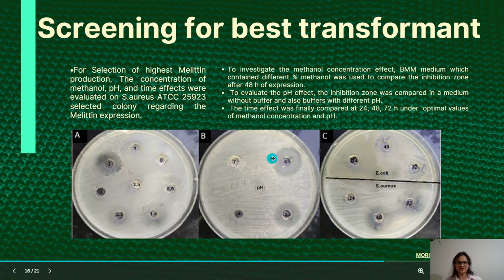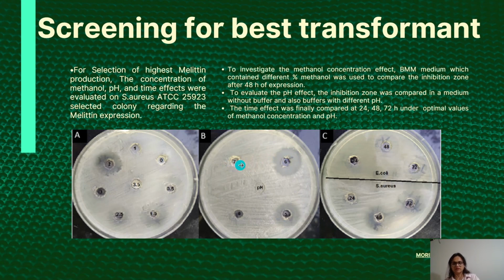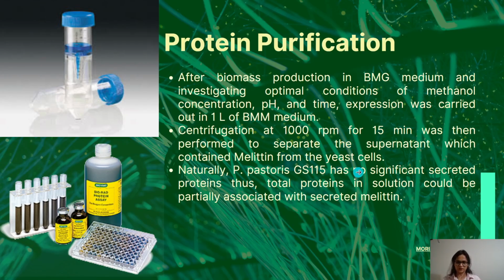To evaluate the pH effect, the inhibition zone was compared in a medium without the buffer and also with the buffer with different pHs. The time effect was finally compared at 24, 48, and 72 hours under optimal values of methanol concentration and pH.